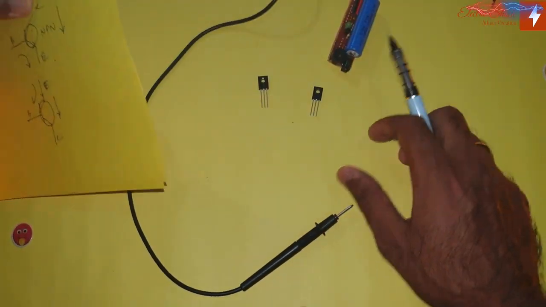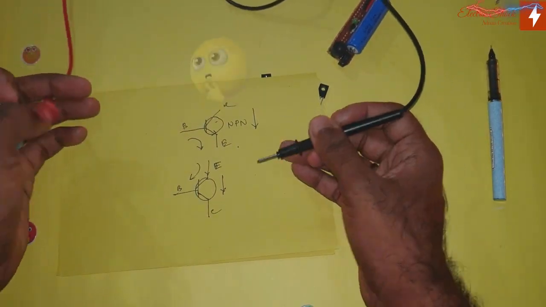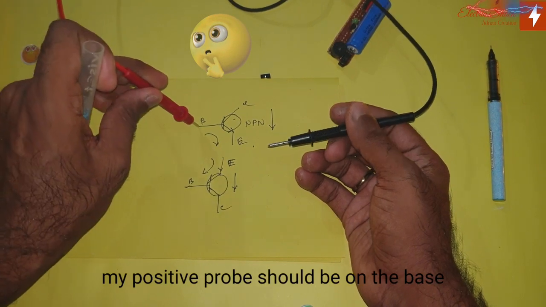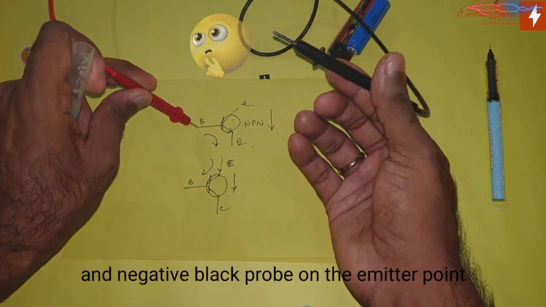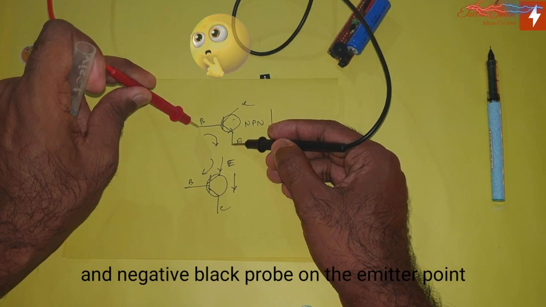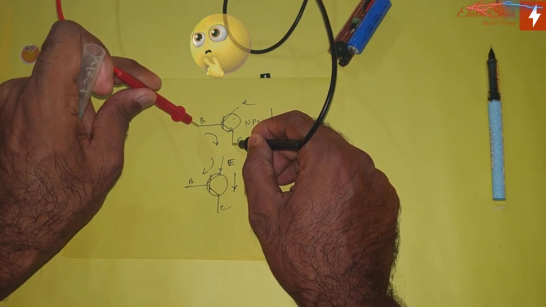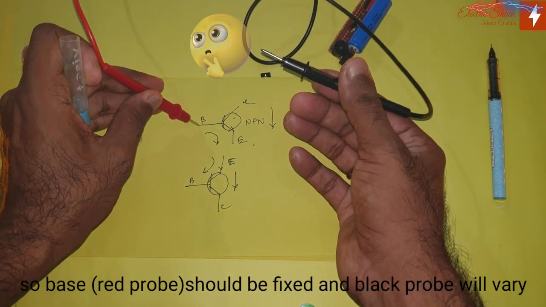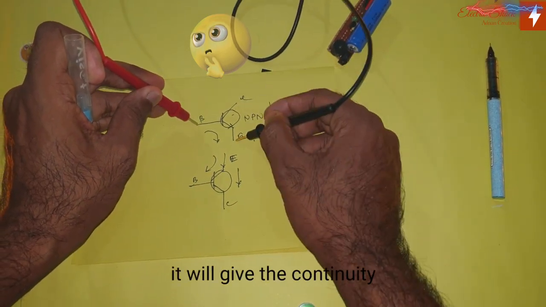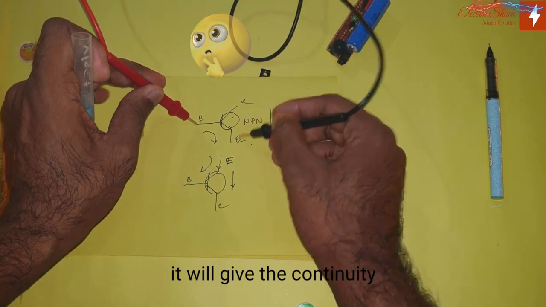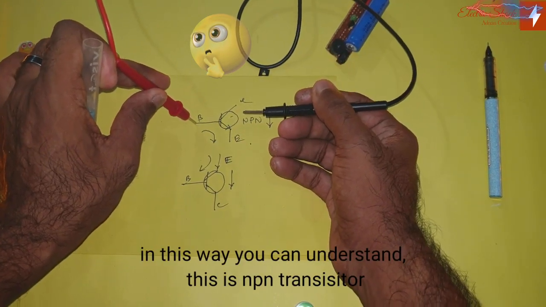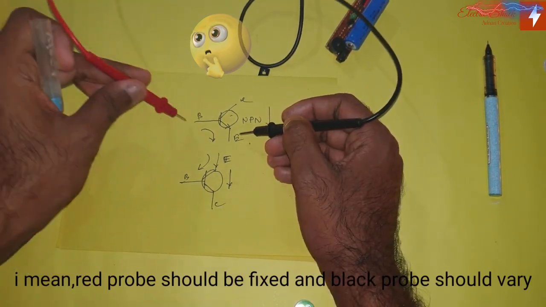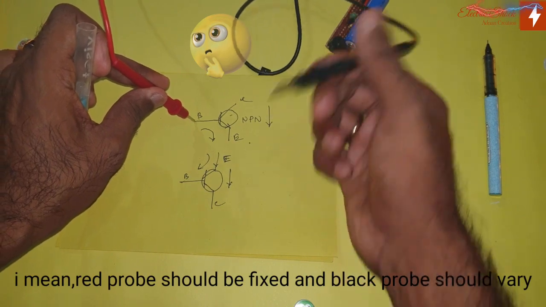So my positive probe should be on the base and the negative probe, I mean the black probe, should be on the emitter point. The base should be fixed and the black probe will vary. It will give continuity. In this way you can understand that this is an NPN transistor. I mean the red probe should be fixed and the black probe should vary.